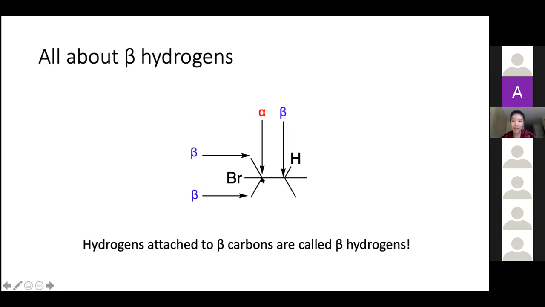And in this molecule, there are 3 beta carbons. And I hope you can see my cursor because I'm pointing at them right now. So hydrogens attached to beta carbons are called beta hydrogens. And when we do an elimination reaction, what we eliminate is beta hydrogen. And if a molecule has more than one beta hydrogen, what's going to happen is that we're going to get multiple products.